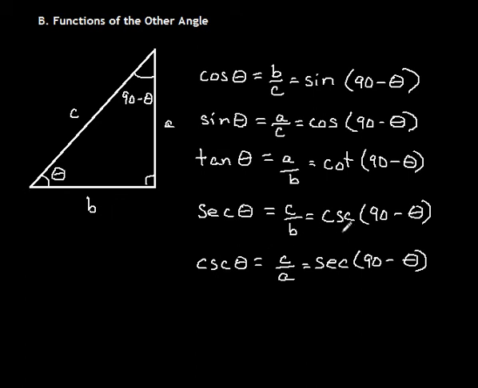The cosecant of this angle would be equal to hypotenuse over adjacent. And finally, the cosecant of this angle would be hypotenuse over adjacent. Remember, this goes with sine, and this goes with cosine.